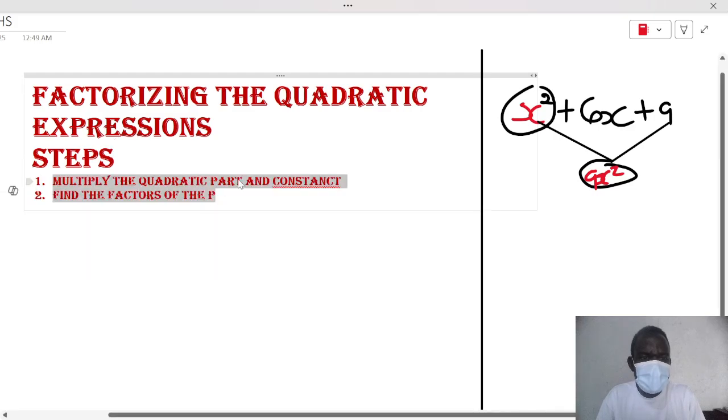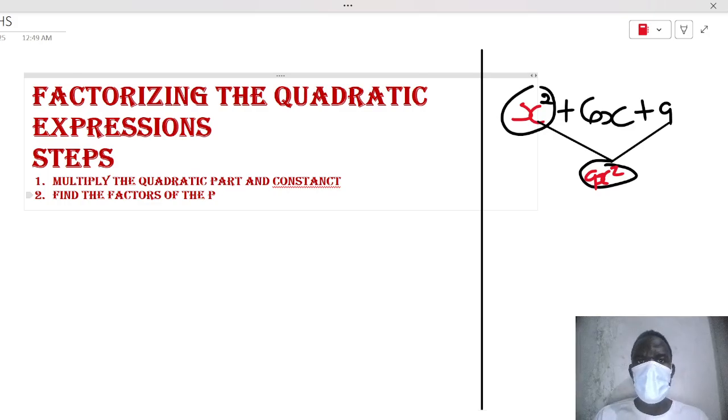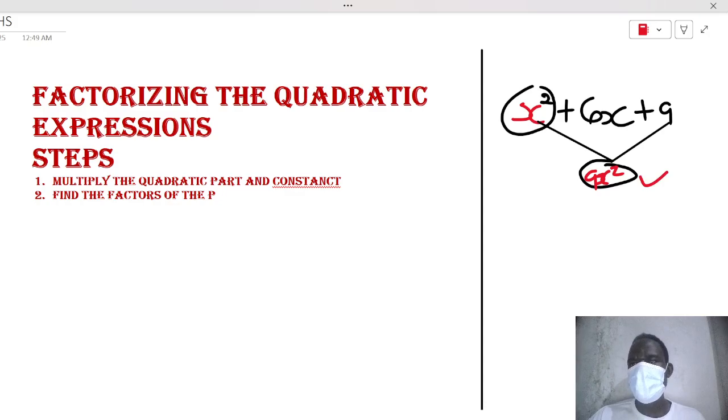So you find the factors of the product P. The factors are the numbers that we can multiply to give us our product, which is 9. So let us find out. In 9 we have 1 and 9 giving us 9, and 3 by 3 also gives us 9.